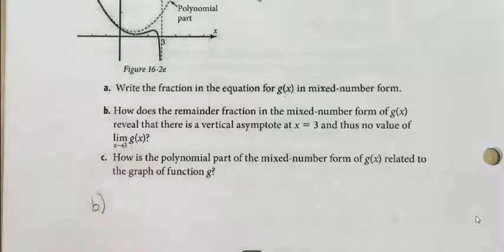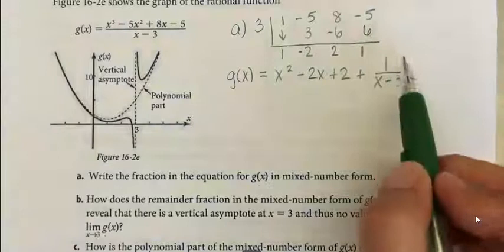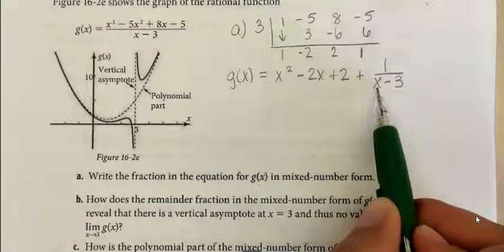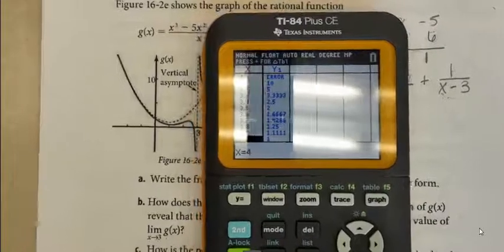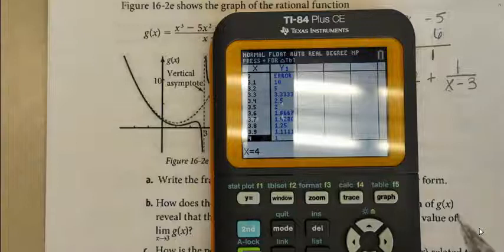Well, we know that as x approaches 3, this piece right here gets closer and closer. Let's say, for example, I'll use my calculator, because I was rambling and nobody would probably even know what I was talking about. So let's just pretend I'm approaching 3.